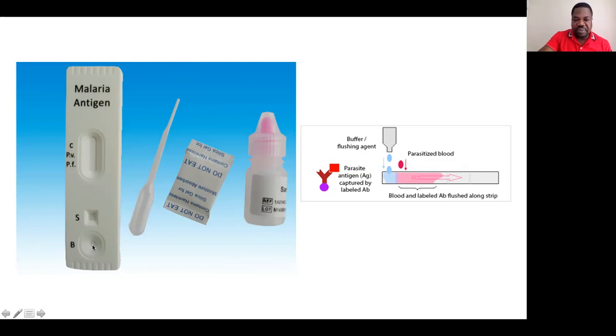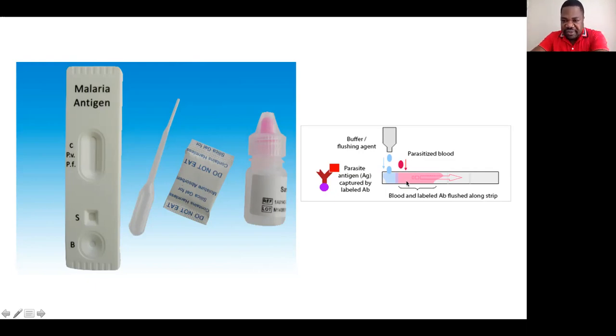Then you add a drop of the buffer. From here it will migrate, and you have a labeled antibody that binds with it. Then it progresses. Here you will see the test, whether it's Plasmodium falciparum, Vivax, or any other Plasmodium. And here you have the C, the control. So you check the control first, then you read your test.